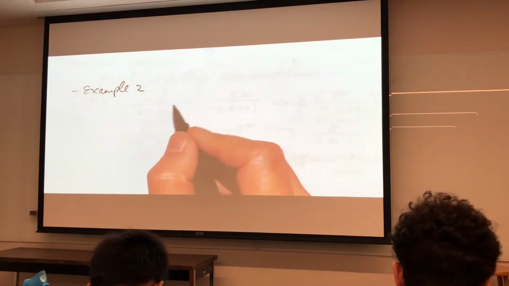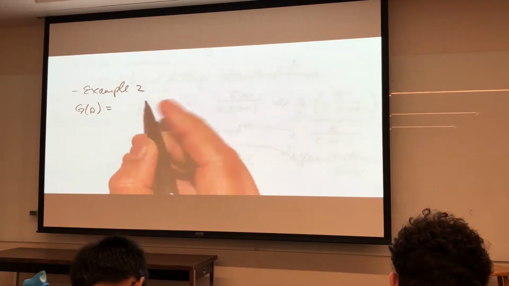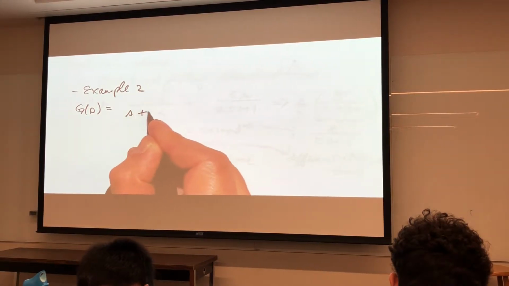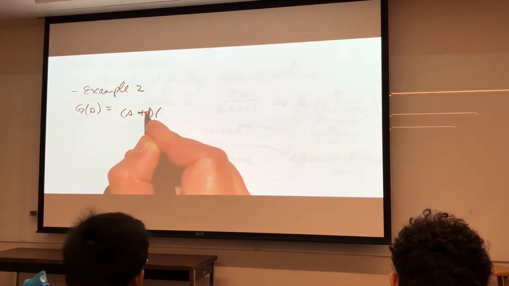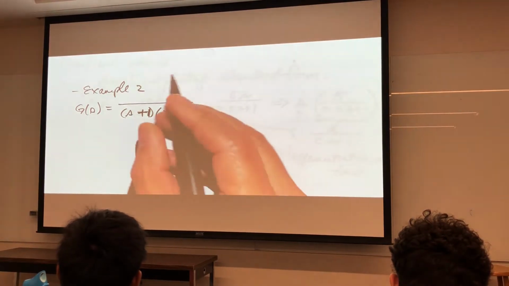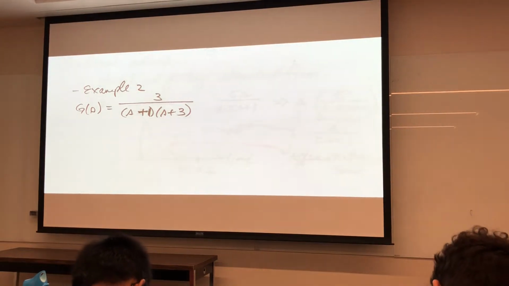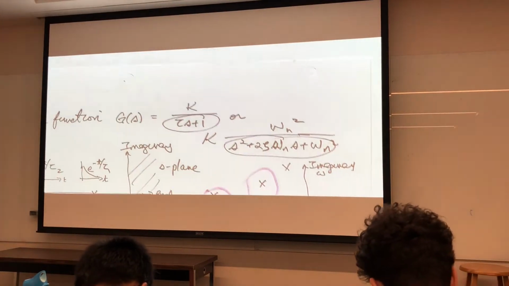Example 2. Let's suppose I have a model with s plus 1, s plus 3 over 3. I compare it to my standard forms that I know so well.